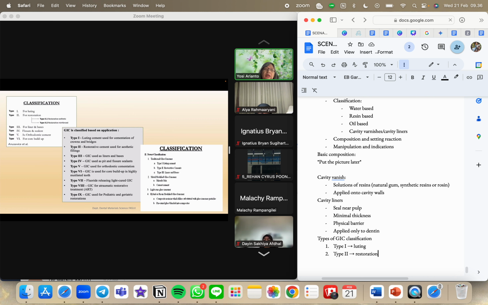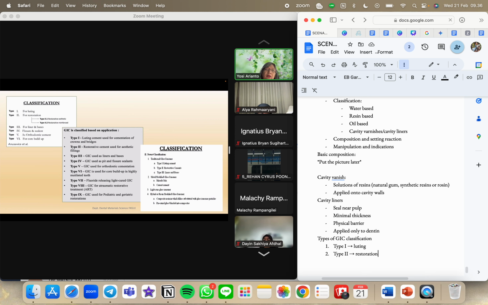I mean the crown of the tooth is not in good shape, so we build up again to make a core of a tooth so that we can make a crown.